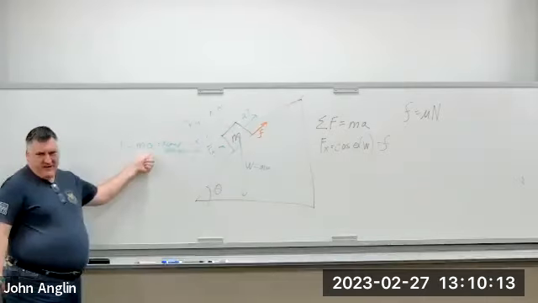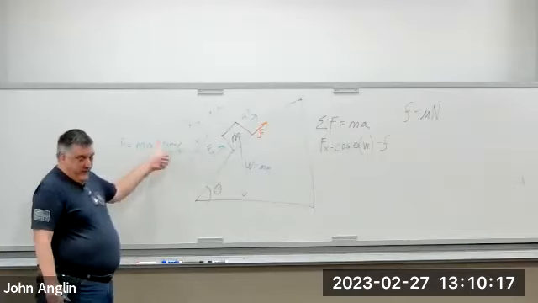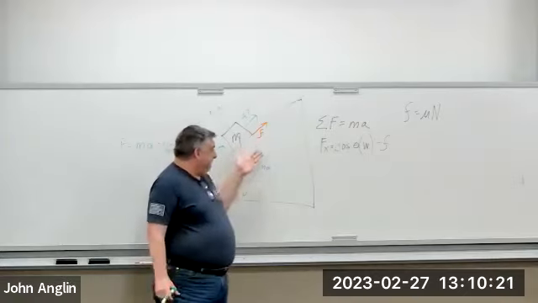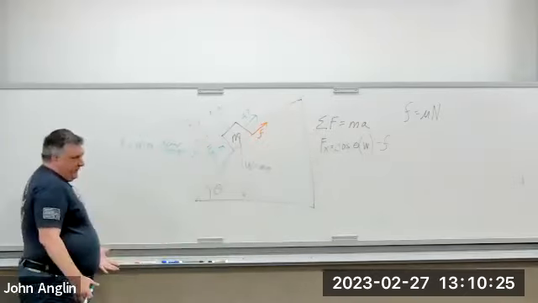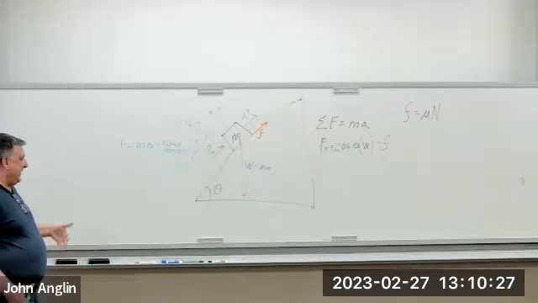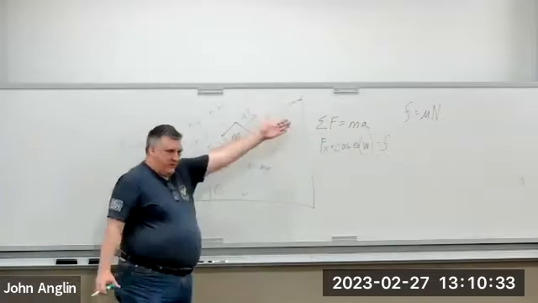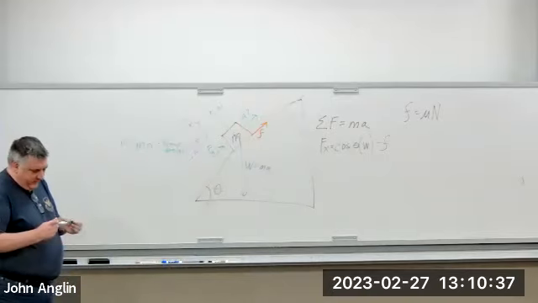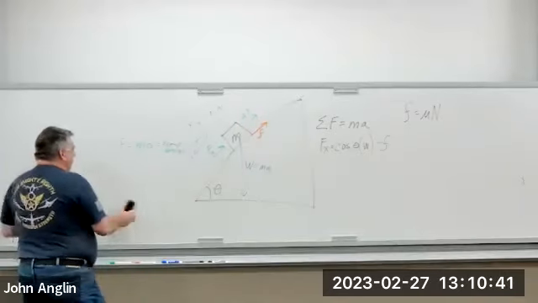We solve for A. Pretty simple. And then further, if we know A, let's say I knew the length of this ramp. If I know the acceleration, then I can find out the velocity at some given point. If we assume that the ramp is X units long, we can just use our kinematics equations and solve for V. So not a big deal.